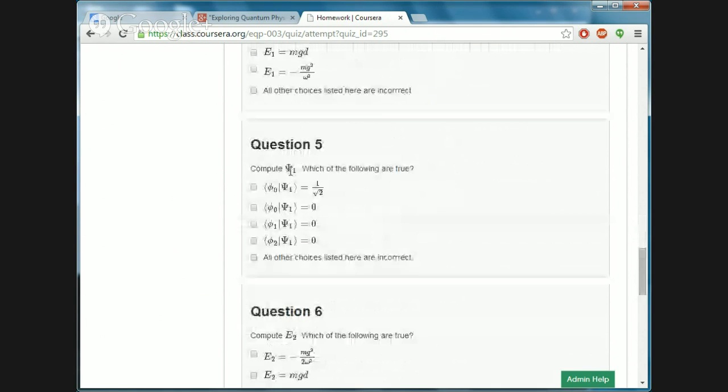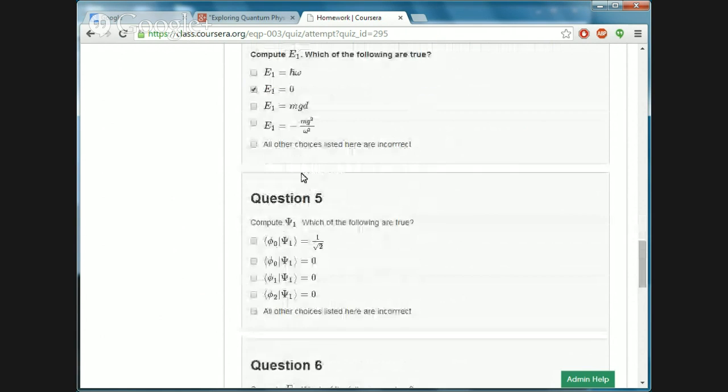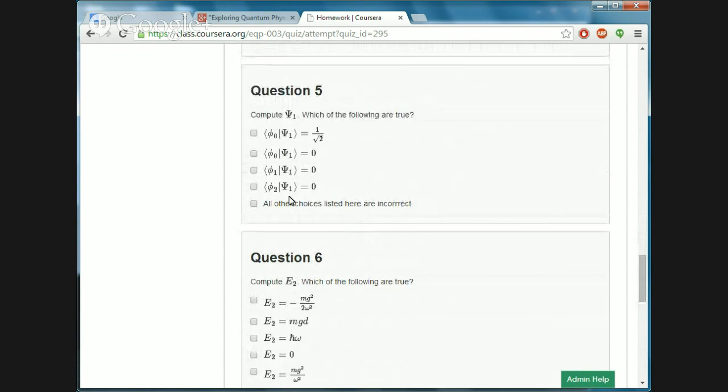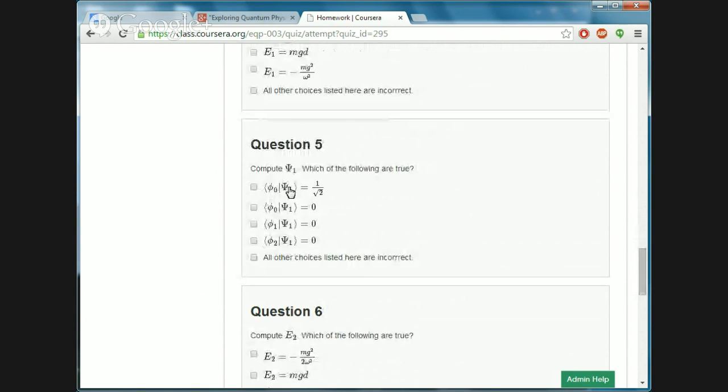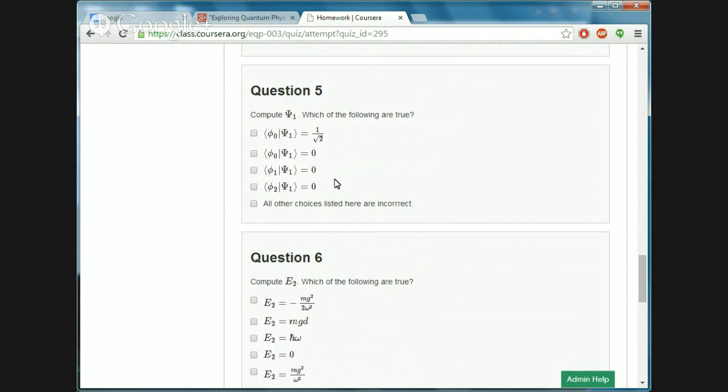Okay, then you're required to compute psi1 and figure which of the following properties are true. Some of these are symmetry properties, but others need a little bit of insight.